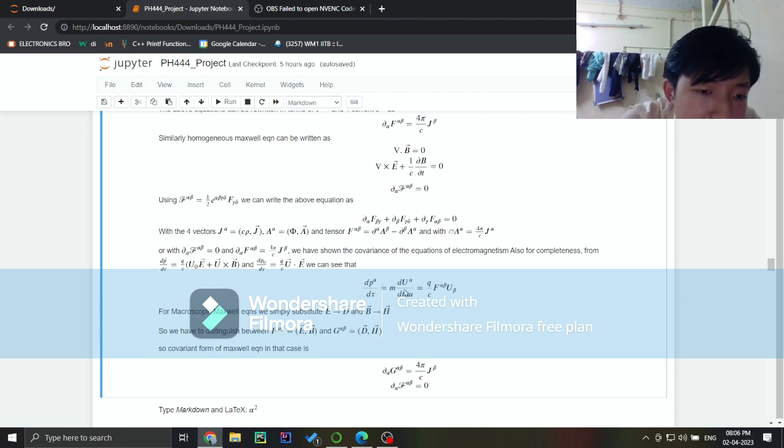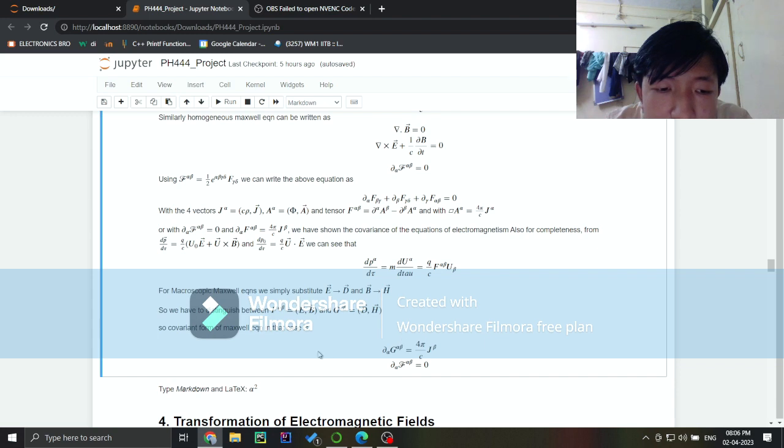We expand the p vector in terms of p1, p2, p3, and E in terms of E1 and so on, and the cross product, and we find the components, and we will essentially get this, dp alpha by d tau is equal to this thing. But we know that p alpha is equal to m u alpha, and when we differentiate it, we get du alpha by d tau.